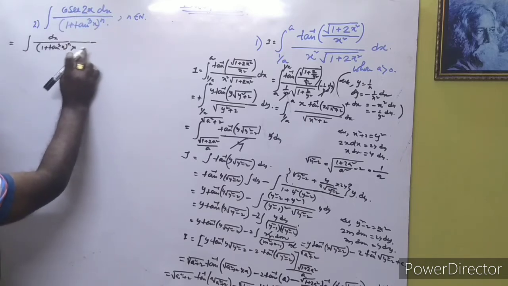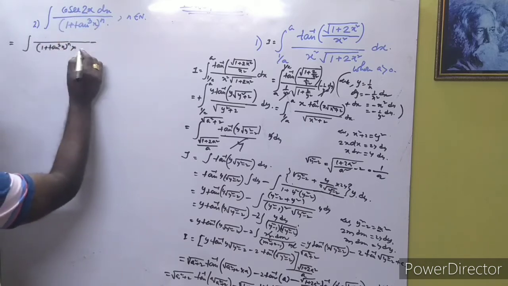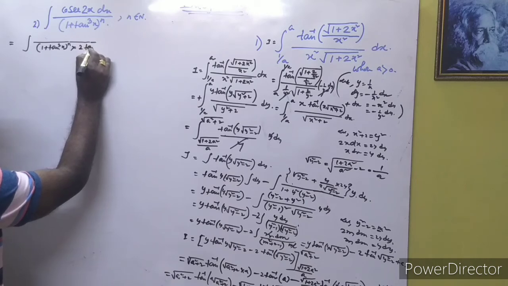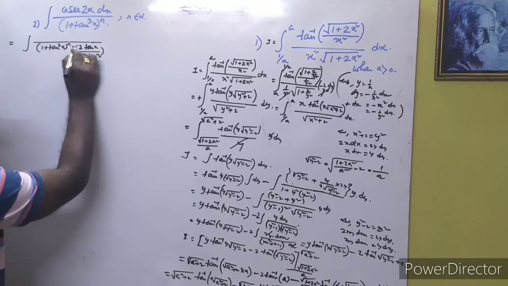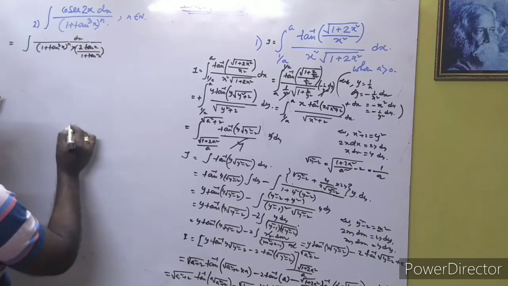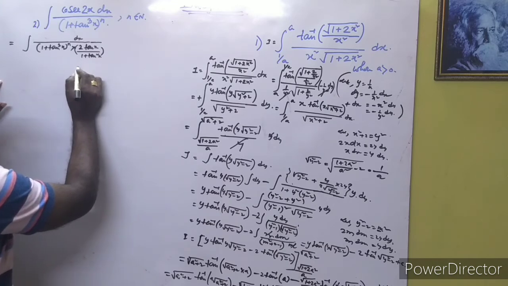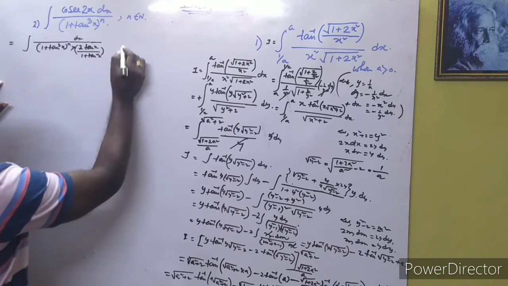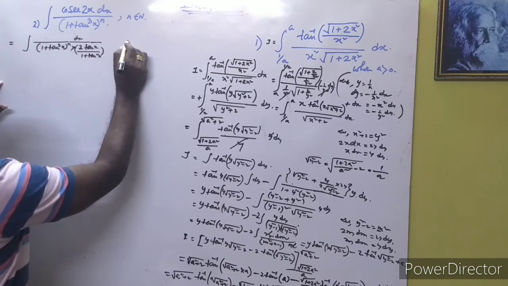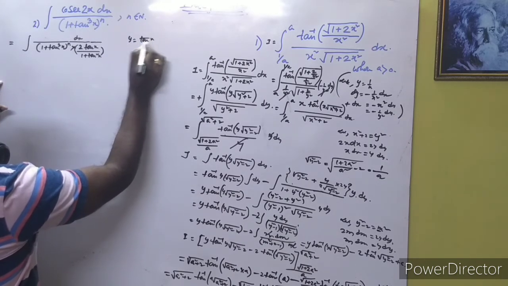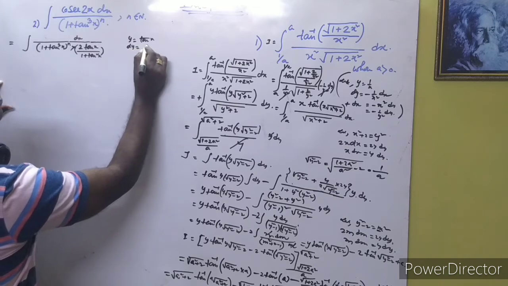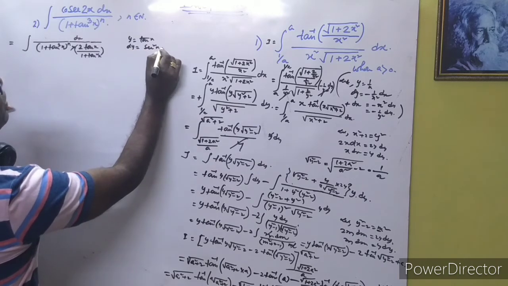Cosec 2x means 1 by sin 2x, and sin 2x is 2 tan x by 1 plus tan square x, and here is dx. So now let us assume y is equal to tan x and dy equal to sec square x dx.